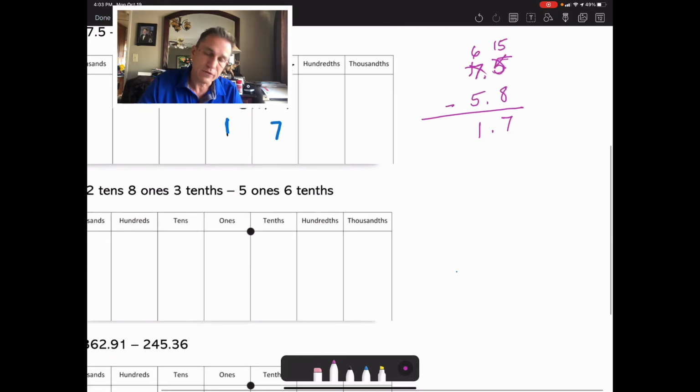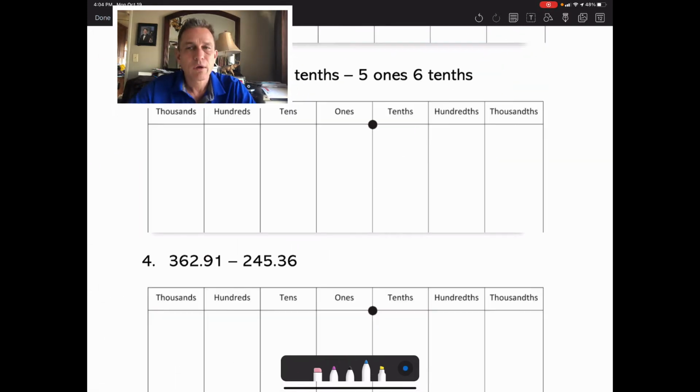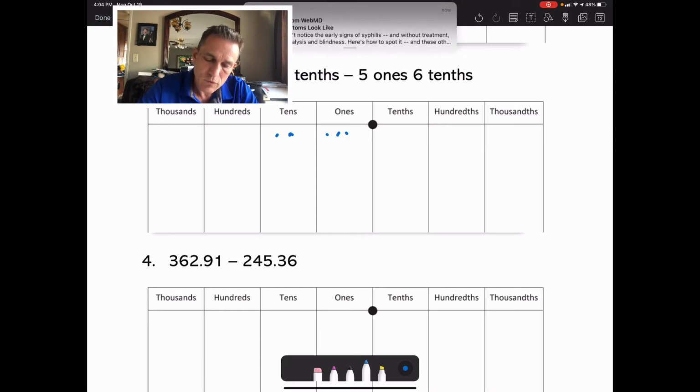All right, next example. Okay, now in number 3, we're going to start off with 2 tens. So 1, 2, 8 ones, and 3 tenths.